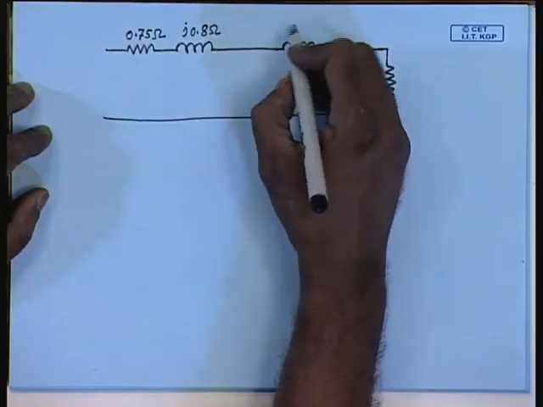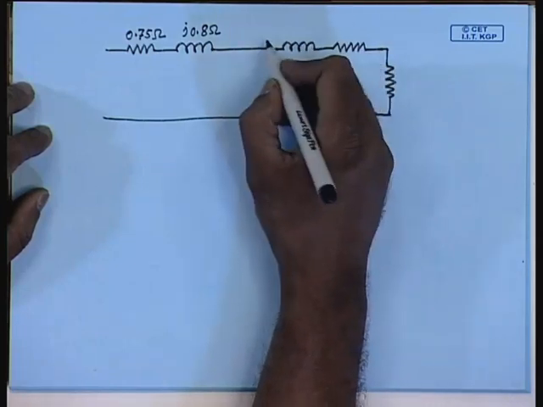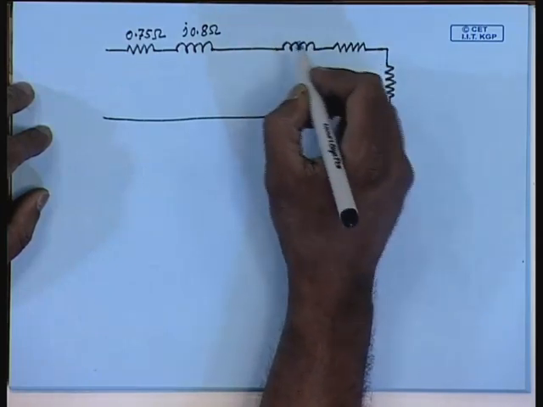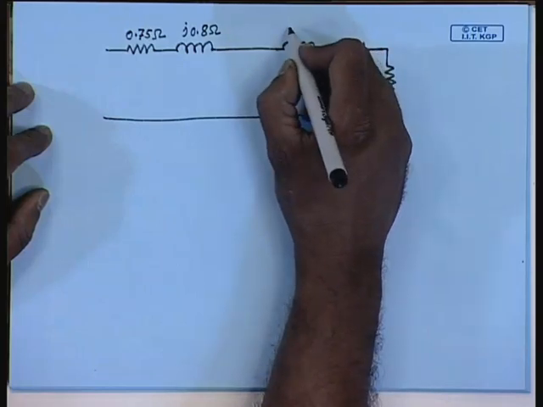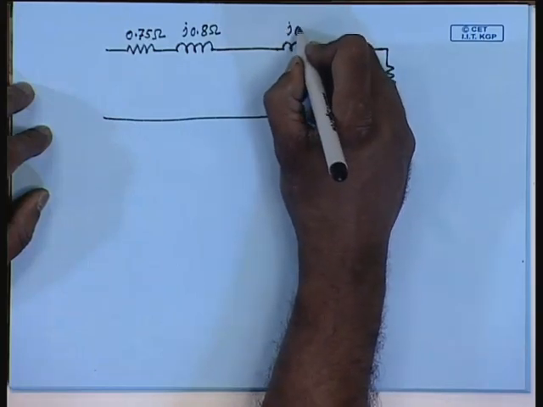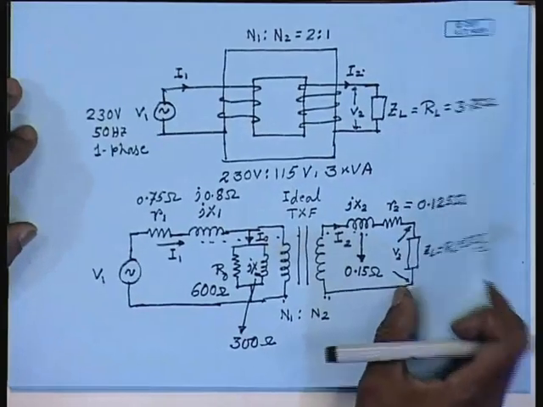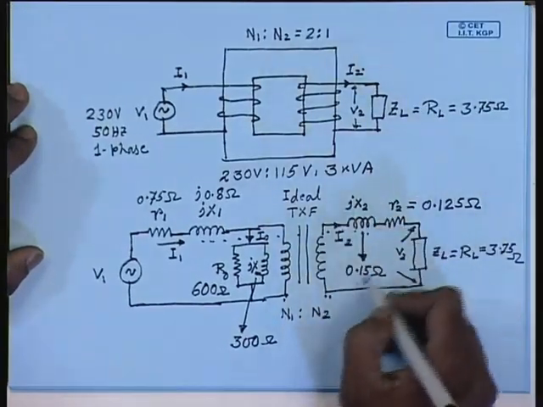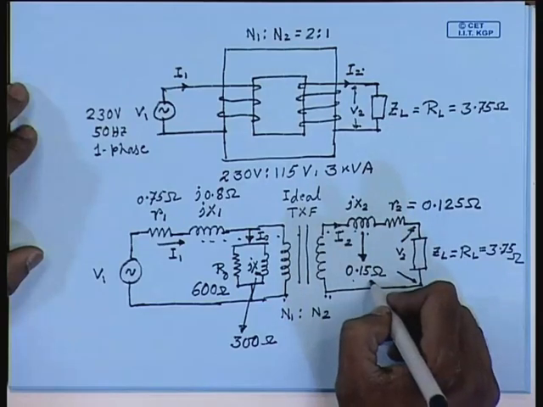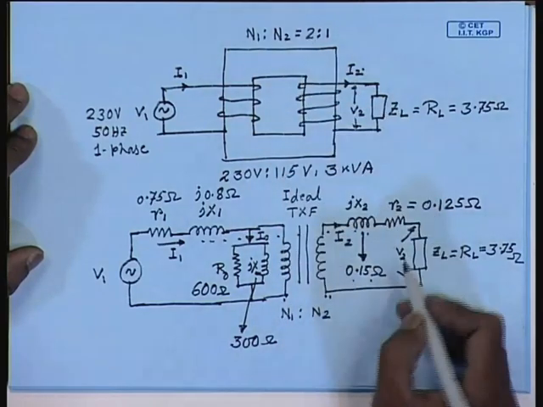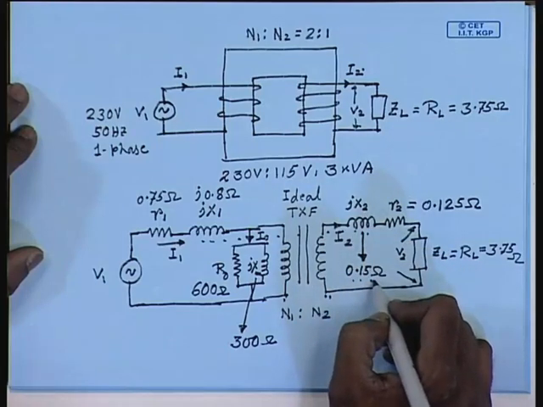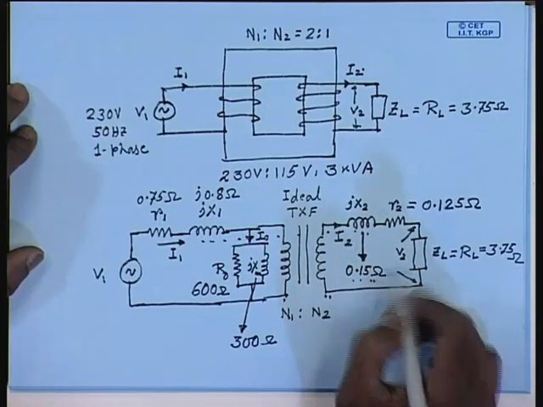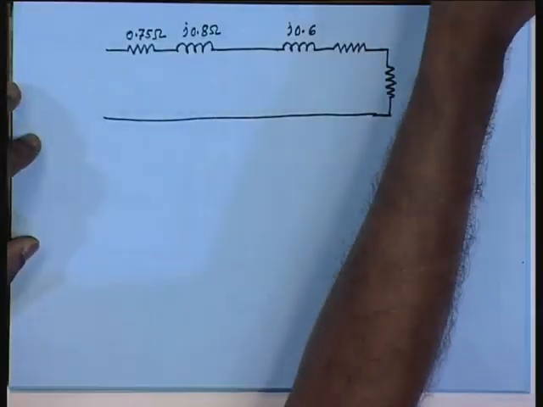j 0.8 ohm. Since we have referred it to the primary, it will be jX2 dash and its value will be 0.6, since the actual value referred to the secondary was 0.15 ohm and N1 by N2 is 2, therefore, X2 dash will be 0.15 into N1 by N2 square, which is 4, and hence 0.6 ohm.